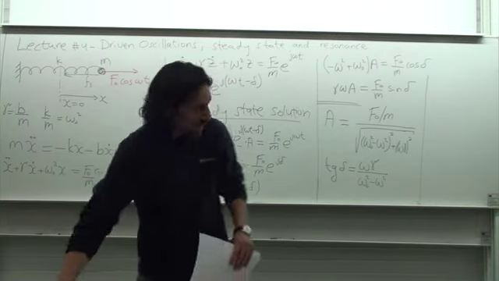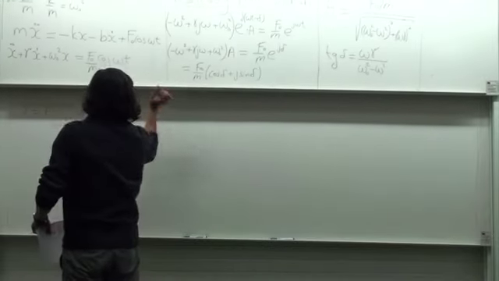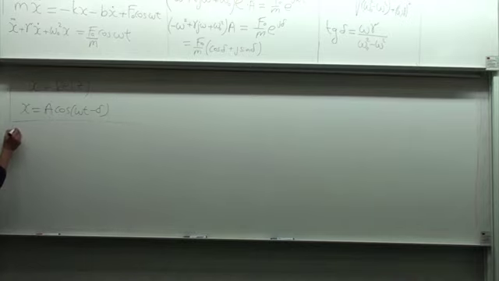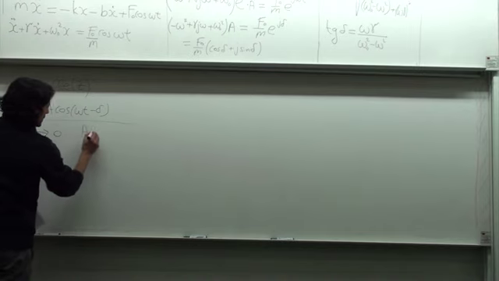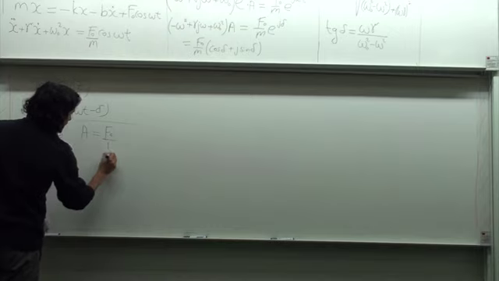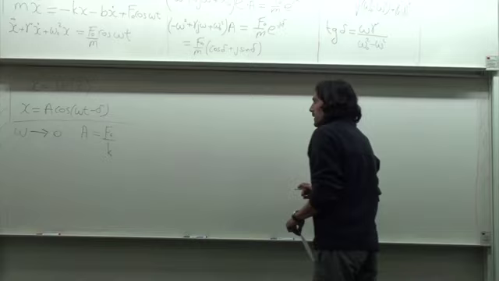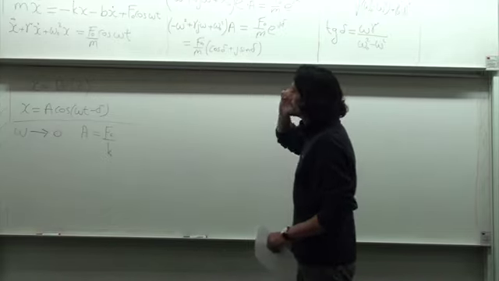So in that case, I would predict that if omega is very small, right, is tending to 0, then the amplitude should behave like F0 over K, because there's an equilibrium between the spring force and the driving force.